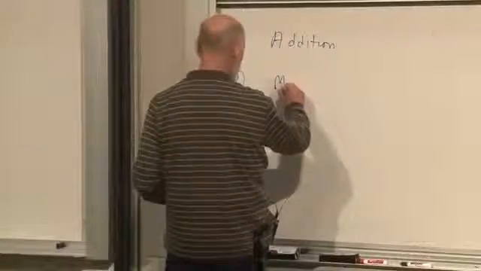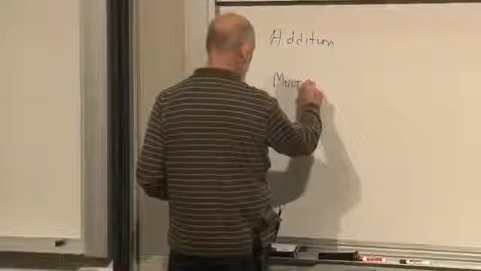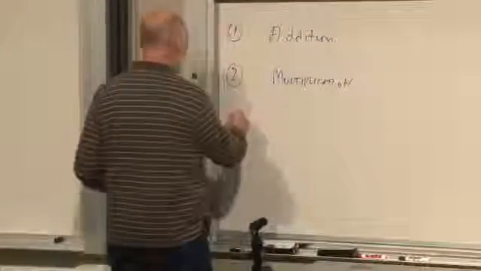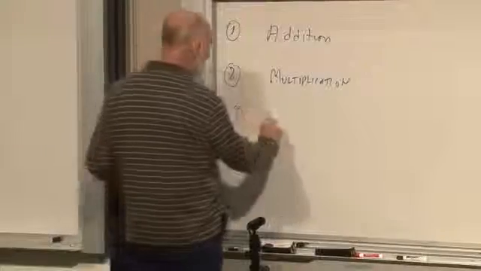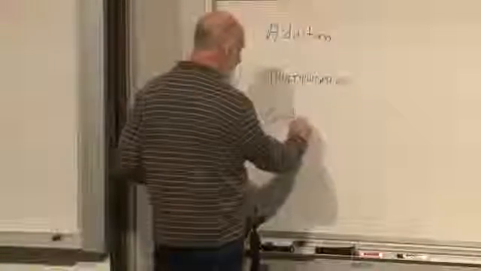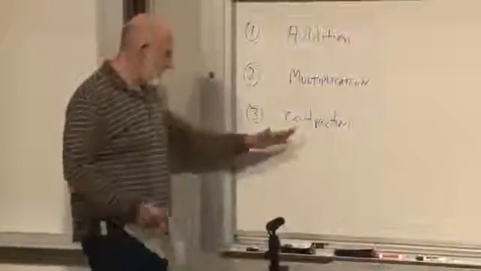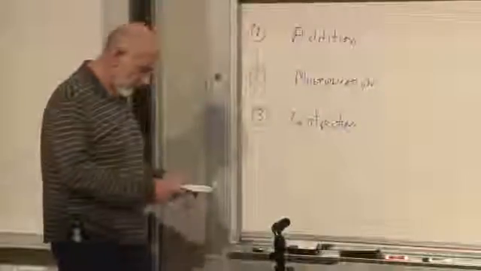2, multiplication of tensors. Makes tensors. 3, contraction. And I'll tell you what that means. You may or may not know the word at this point, but we will know the word soon. Contraction.